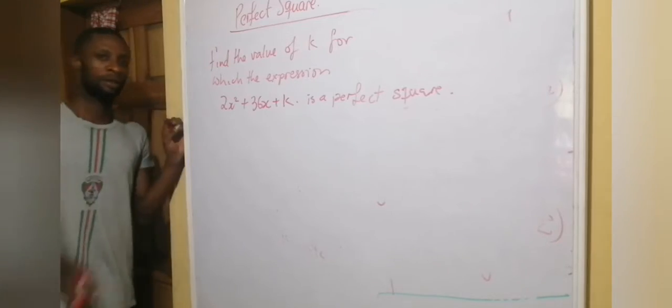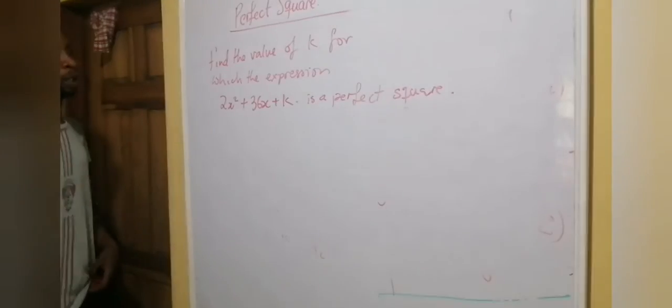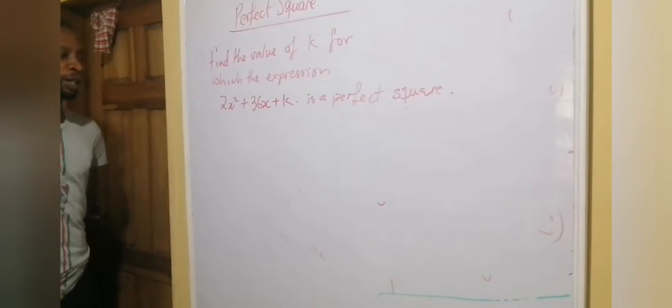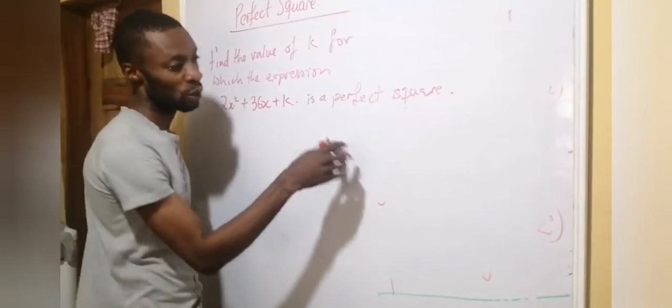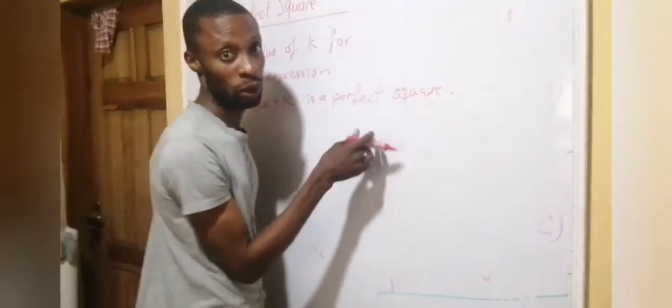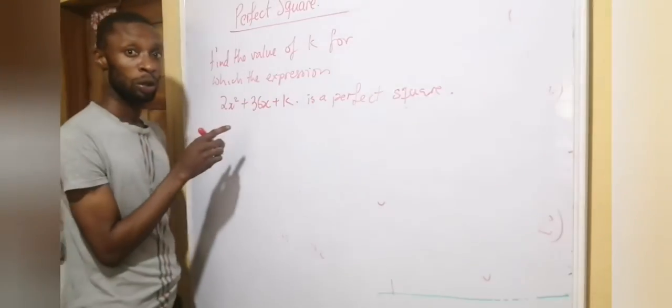There's a problem here. 2 is the problem. So what I'm going to do first, 2 is not a perfect square. You know, when we were dealing with all these ones, the number was a perfect square there. But 2 is not a perfect square. So I'm going to factor 2 out.